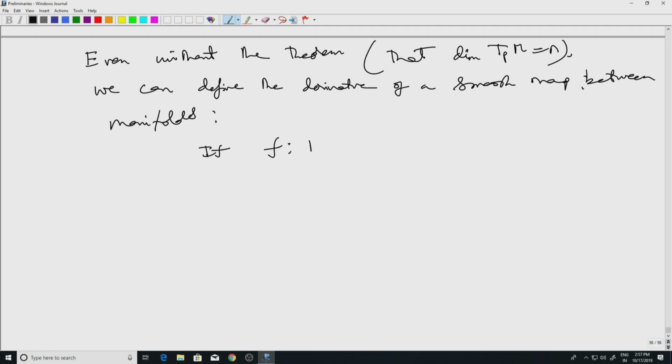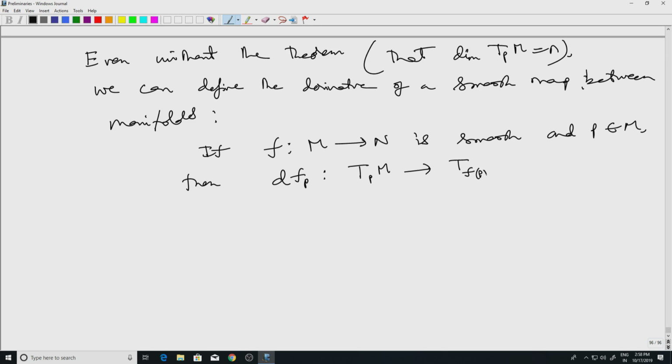So for us, if f from M to N is smooth and p belongs to M, then DFp is going to be a map from the tangent space to M at p to the tangent space at f of p of N. This is the linear map defined by: DFp, the input is a vector, an element of TpM.